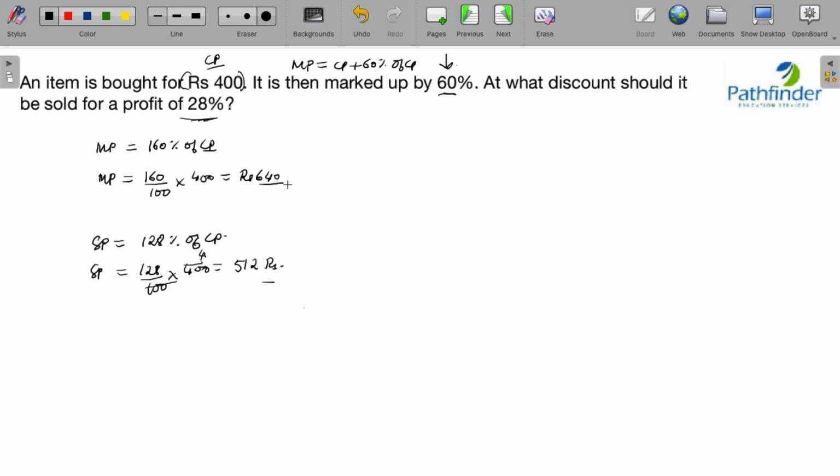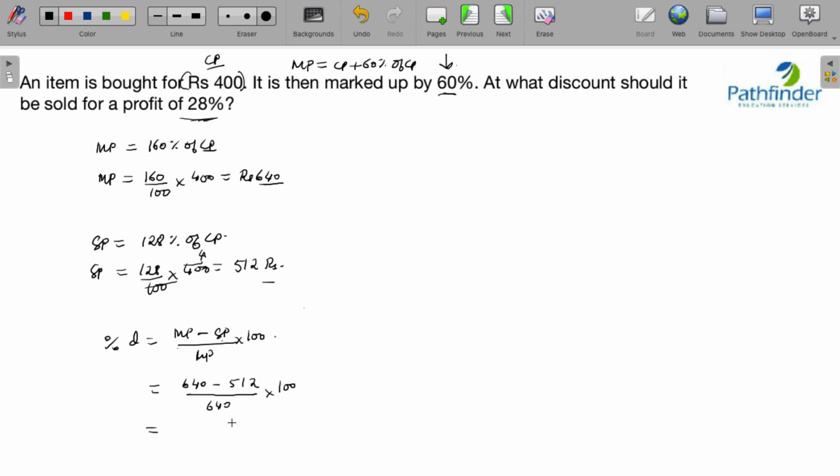Now once you get the marked price and the selling price, percentage discount must be marked price minus selling price upon marked price into 100, and that is equal to 640 minus 512 upon 640 into 100, correct?